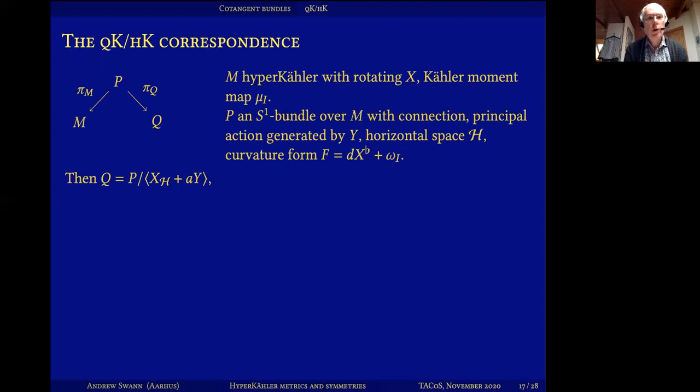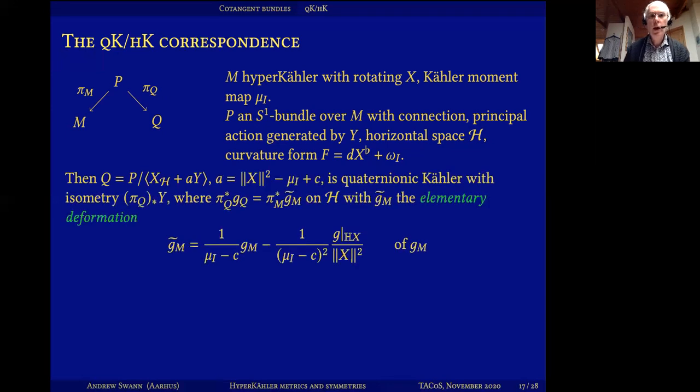Then you construct Q as the quotient of P by the horizontal lift of X plus A times Y, where A is this peculiar function, the norm of X squared minus the moment map mu I plus a constant. And you find that the Q you get out of this is quaternion-Kähler with an isometry. So the Y vector field is now transverse to the vector field we quotiented by to get Q, so it induces an action on the base.